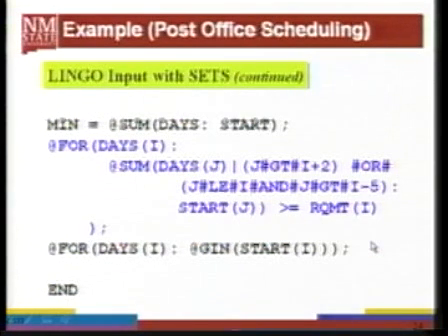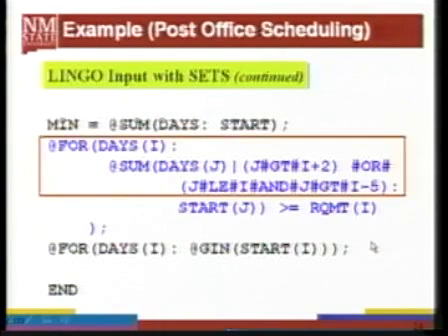So for day I, for example, this part sums the total number of employees starting work over the values of j satisfying j is greater than I plus 2, or j is less than or equal to I and j is greater than I minus 5.